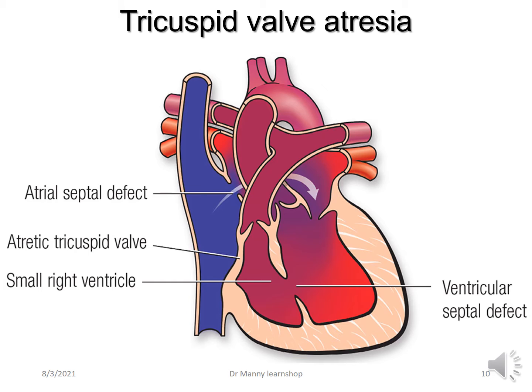As a consequence of that, there may be an associated atrial septal defect, and there may be an underdeveloped right ventricle, because it's very important. Blood flow moving through the circulation embryonically is what forms and shapes the heart and the cardiovascular system. And this could be associated with a ventricular septal defect as well.